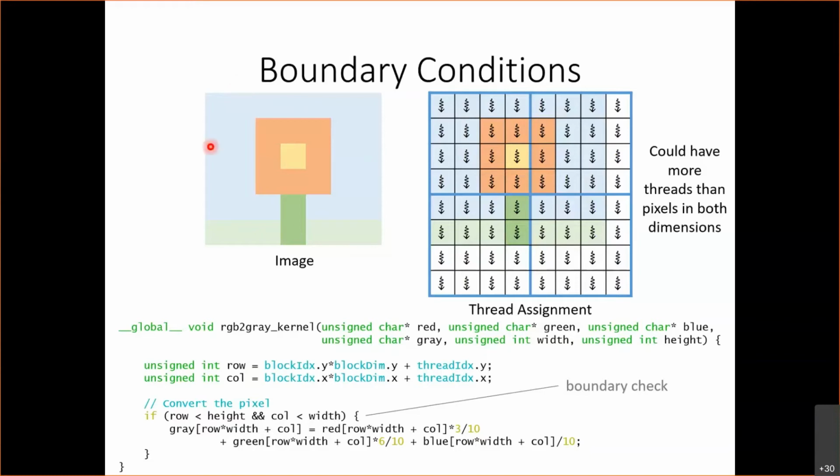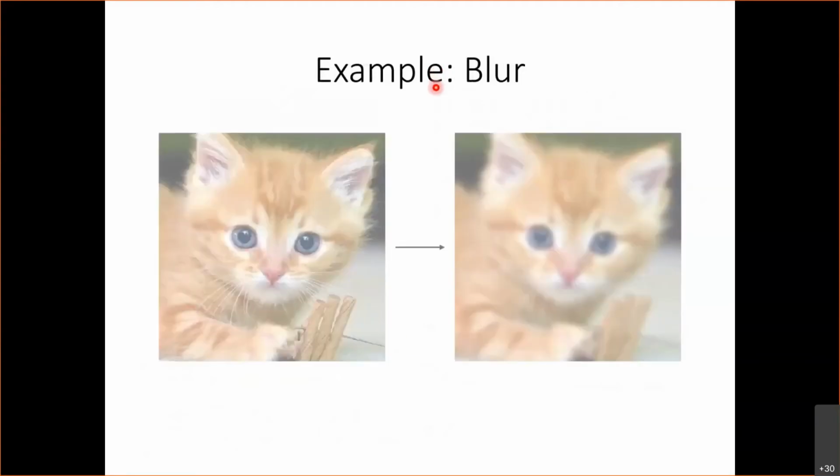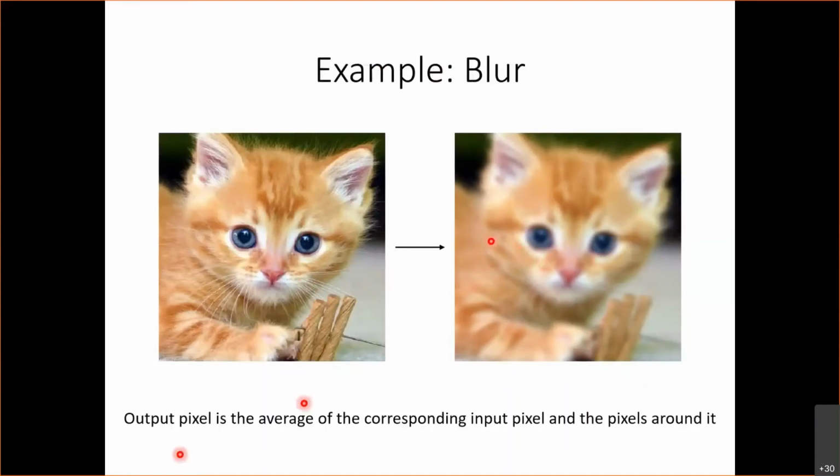Okay, so let's now do a different example. Let's do image blur. Let's say I had this image and I wanted to blur it. How do we blur an image? Well, one way is for the output pixel to be calculated as the average of the corresponding input pixel and the pixels around it.